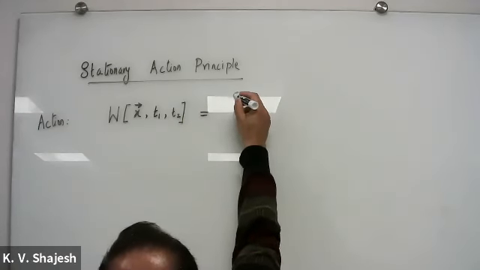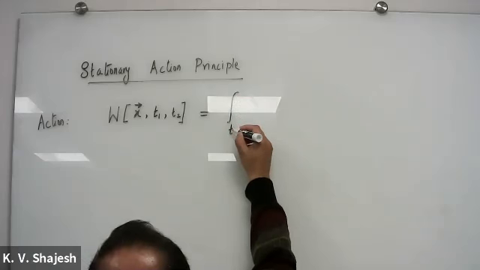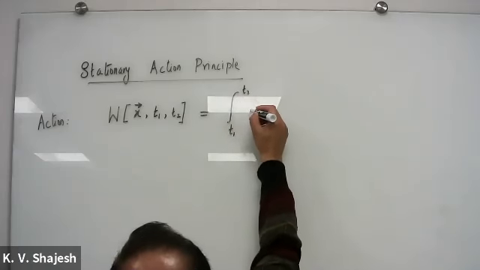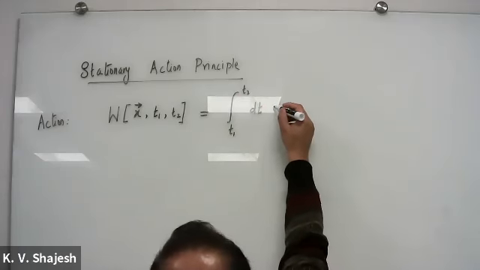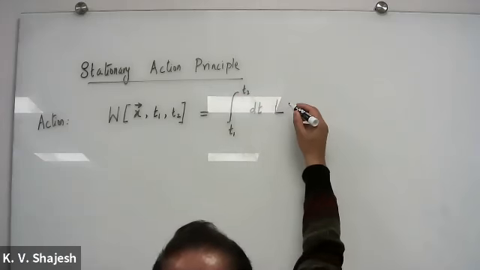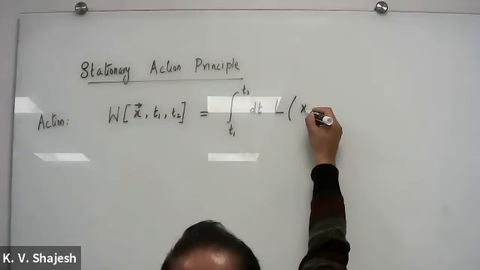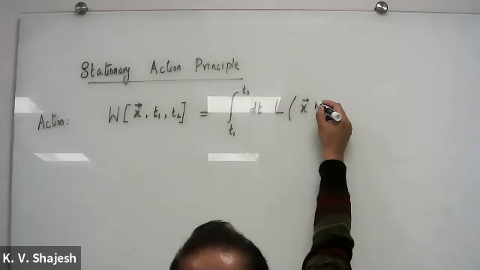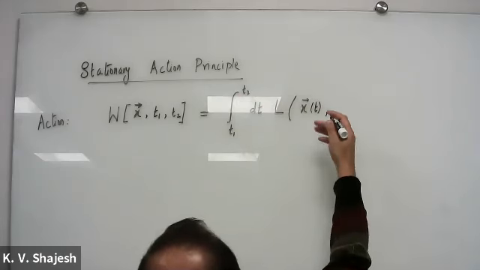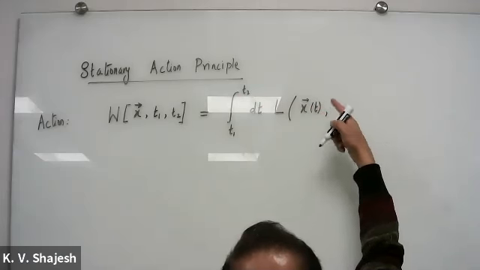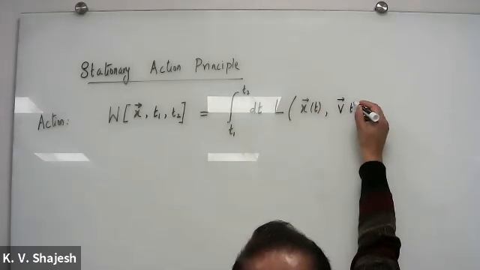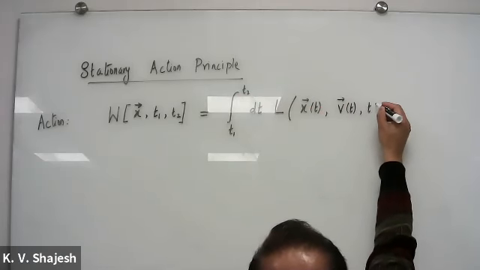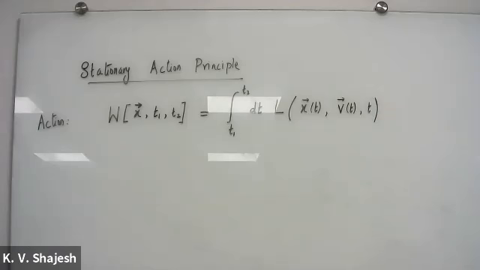More explicitly, it is an integral from T1 to T2 over time, and the Lagrangian shows up here. It is a function of x as a function of time. It also depends on the derivative of x, which is the velocity, as a function of time, and it could explicitly depend on time. That's what is called the action, and that's what we have been doing.